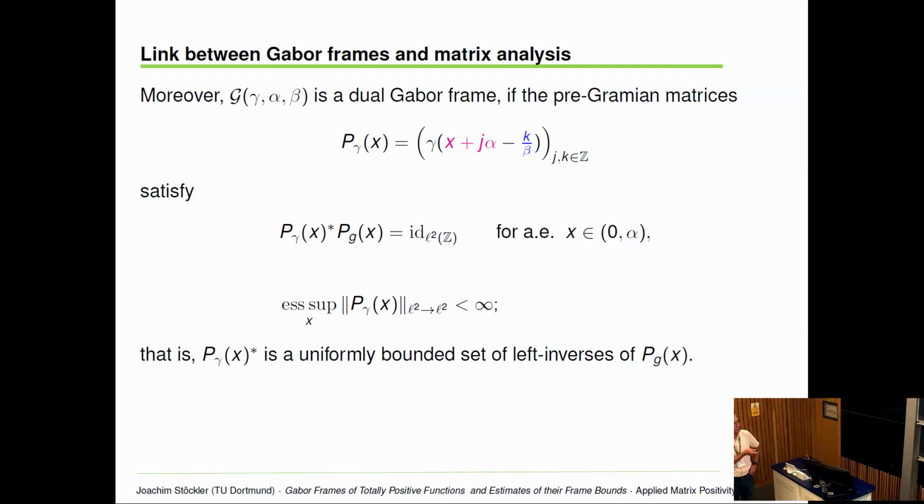The thing you need here is that, again, you have an upper bound for the operator defined by the matrix P_gamma(x) uniformly in x. So left inverses of the Ron-Shen matrix, in short, give you dual windows. And in many cases, you have a large selection of left inverses. I will show you several dual windows on one of the slides very soon.